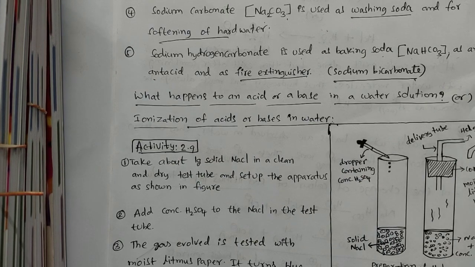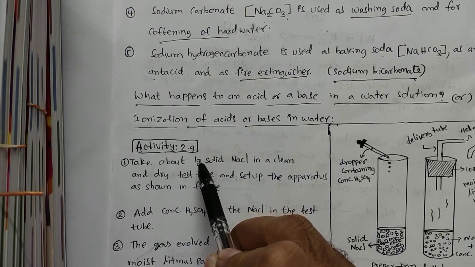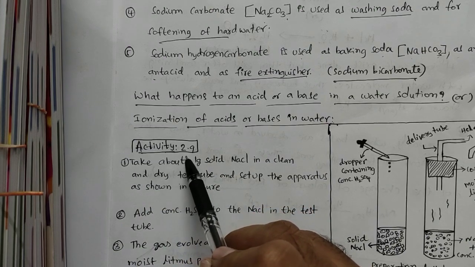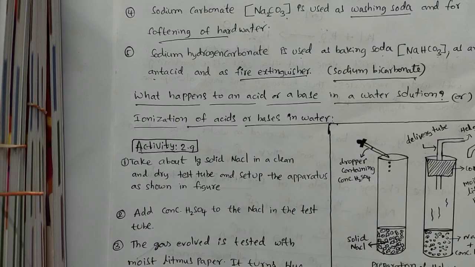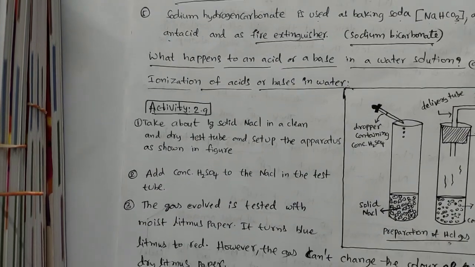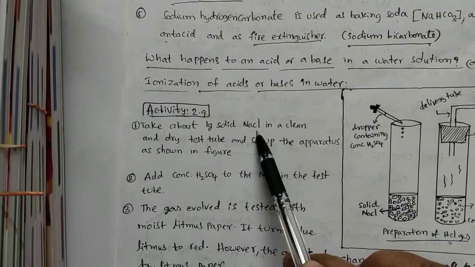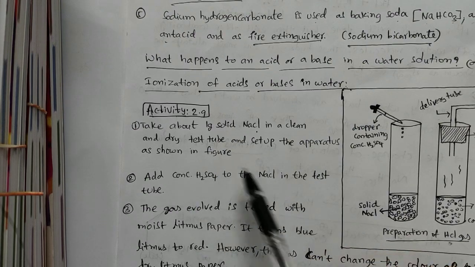This can be discussed by performing the following activity. This activity is mentioned in your textbook, activity 2.9. In this, take 1 gram of solid sodium chloride in a clean and dry test tube and set up the apparatus as shown in the figure.